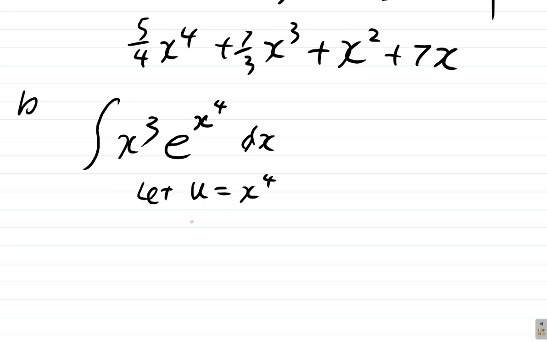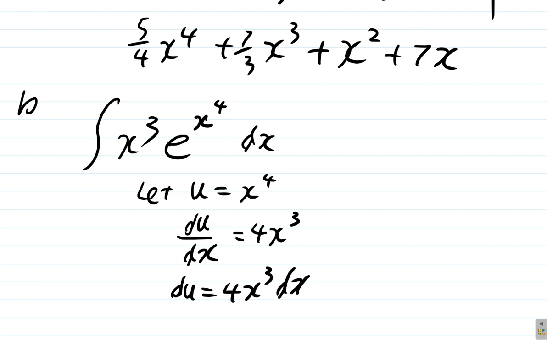If u is x to the 4th, then when we differentiate u with respect to x, du by dx would be 4x cubed. Alright. Now, multiplying both sides by dx, we get du is equal to 4x cubed dx.